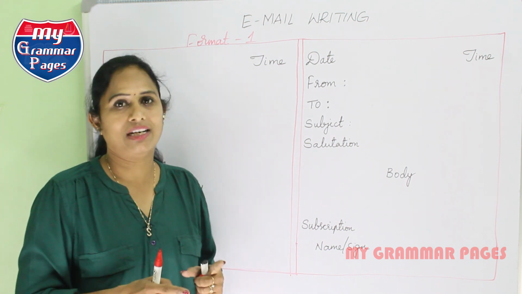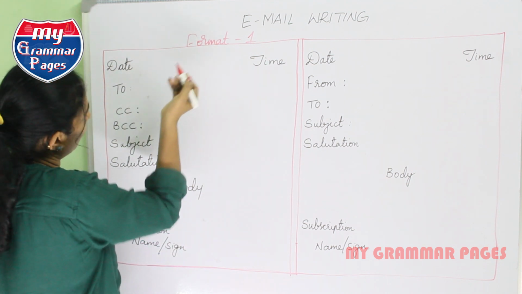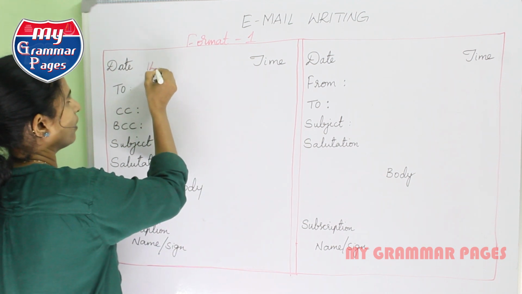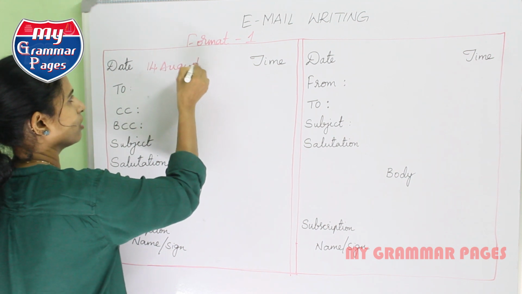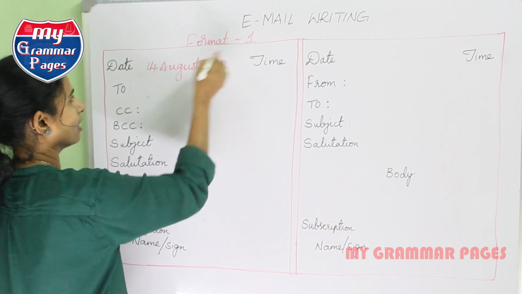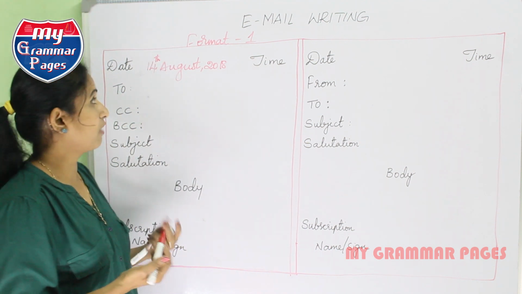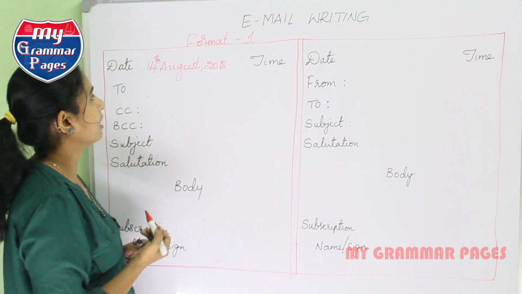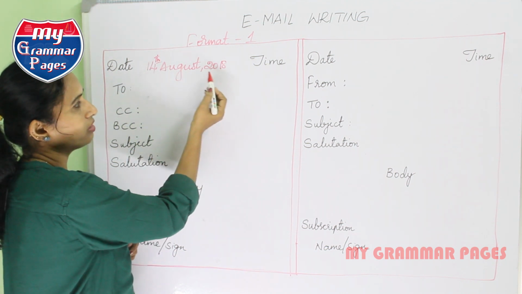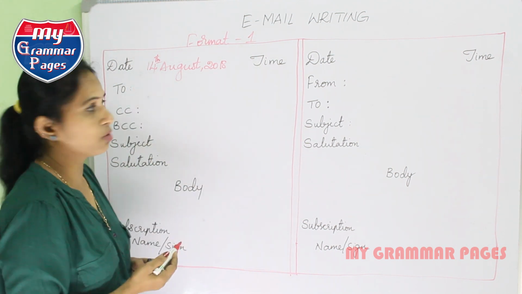The same pattern has to be followed. For example, if today is 14th August, we can write 14 August 2018. You can keep the TH, or nowadays it has become a fashion to avoid even the TH. It doesn't make any difference. So 14th August 2018 will be the date you need to mention.